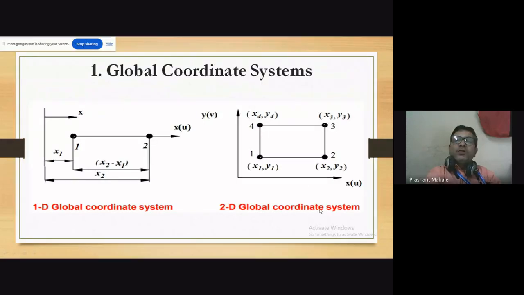Similarly, for the 2D global coordinate system, you can see x and y are shown because it is 2D, and one point has two coordinates: x1, y1, 2 has x2, y2, 3 has x3, y3, and 4 has x4, y4, the x value and y value for that particular point. So these x1, y1, x2, y2, x3, y3, x4, y4 are called global coordinates.